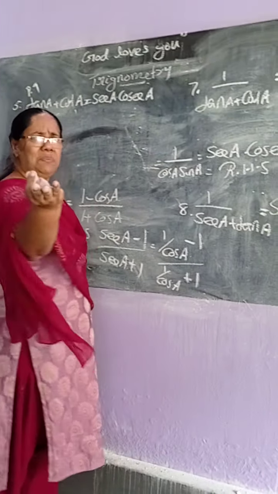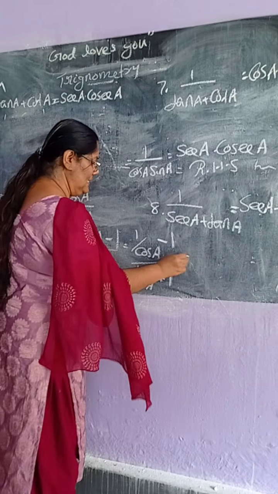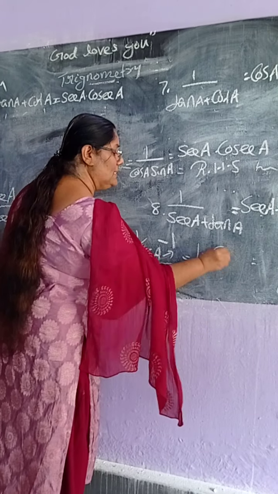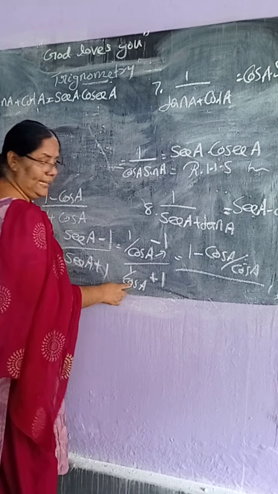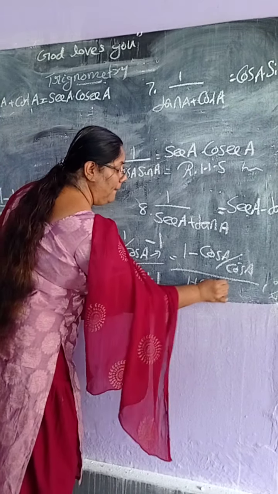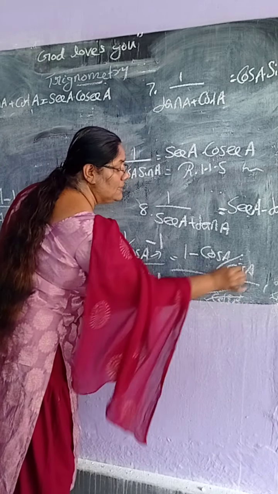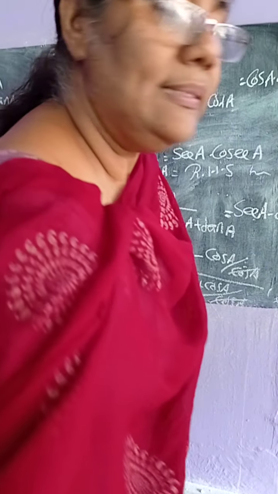Now, what is the next step? Say the next step. Here this is also a fraction. Take the LCM. We convert this cos A to the other side. Therefore, 1 minus cos A by cos A, by, taking the LCM here also, 1 plus cos A by cos A. Both denominators are the same, cos A cancels.